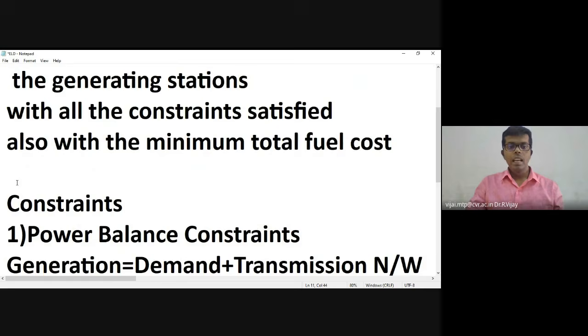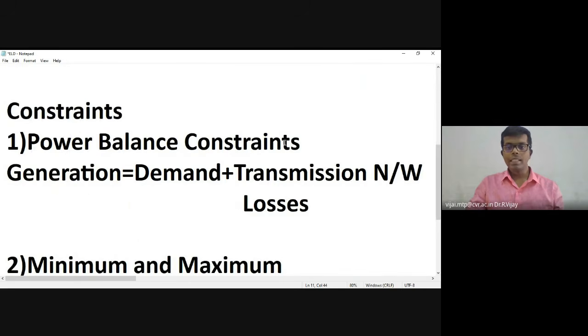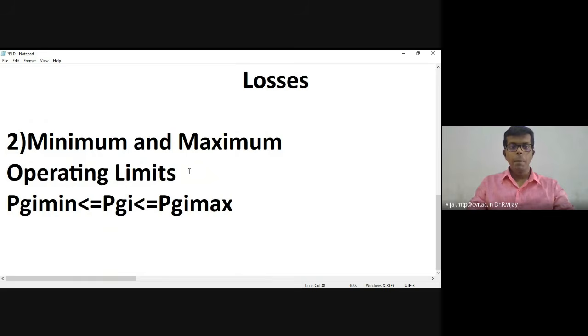Already we have seen that the power balance constraint is nothing but your equality constraint, and the minimum and maximum operating limits are called your inequality constraints.